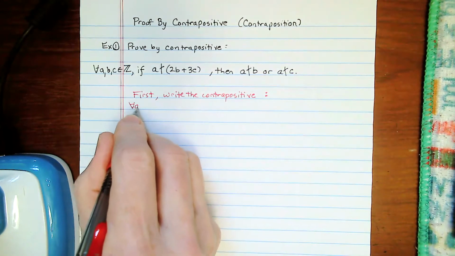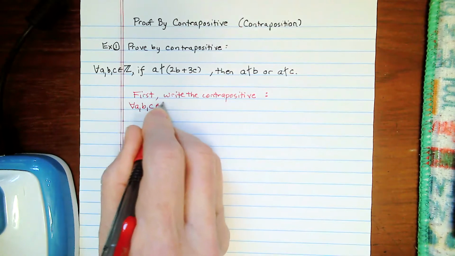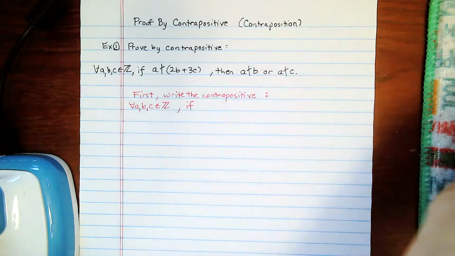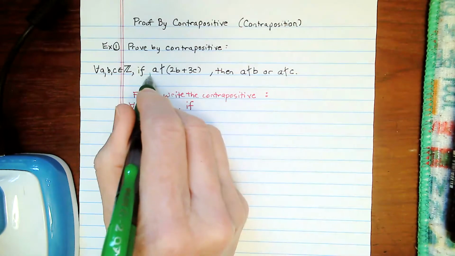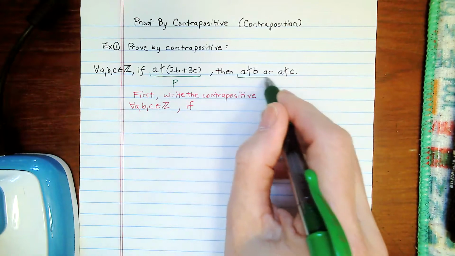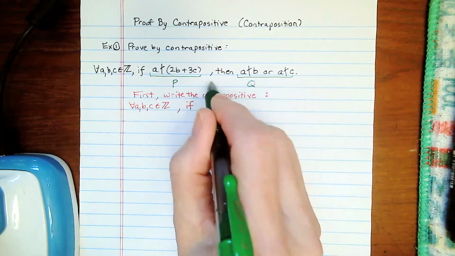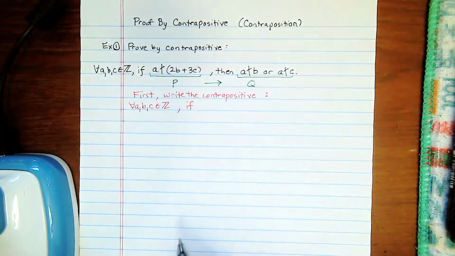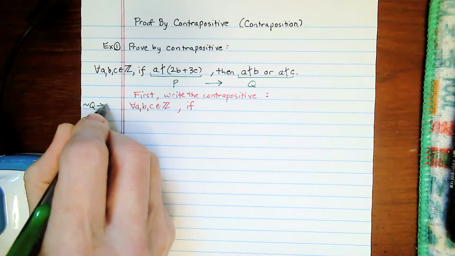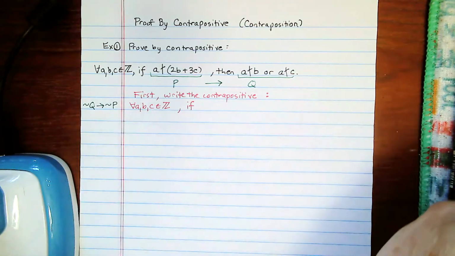For all a, b, and c in Z, if, well, let's just think about contraposition. This is P, this is Q. And we're trying to write the contrapositive of if P then Q. So we're going to write if not Q, then not P.